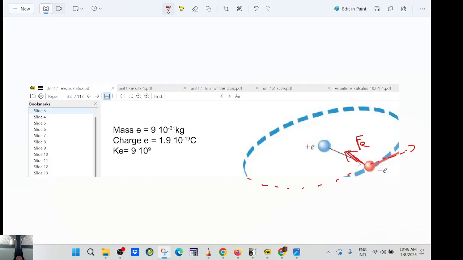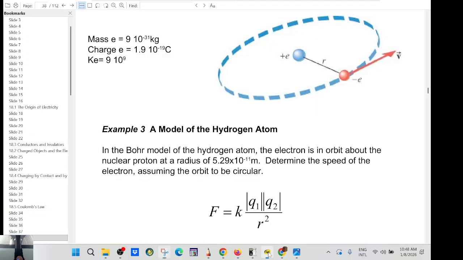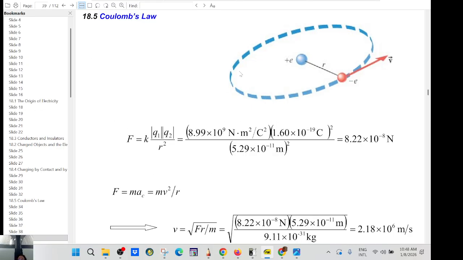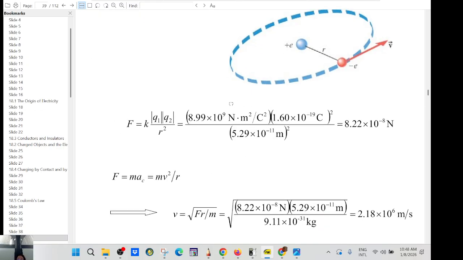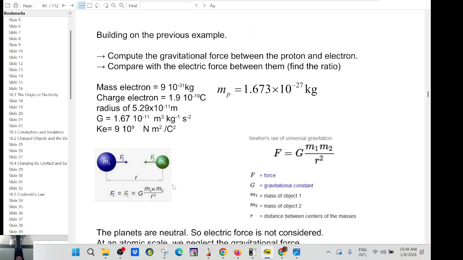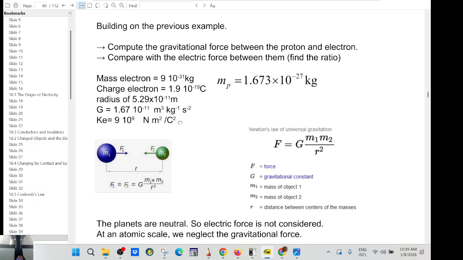It's an attractive force. That force will be the centripetal force. Okay? So here you see F equals ma, centripetal acceleration, mv squared over r. Is that clear?